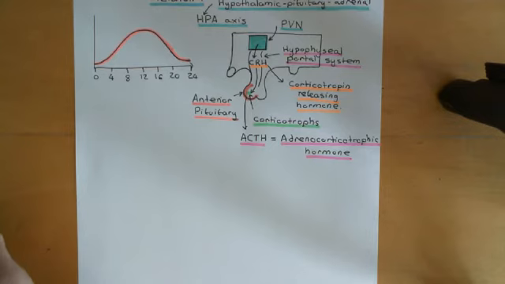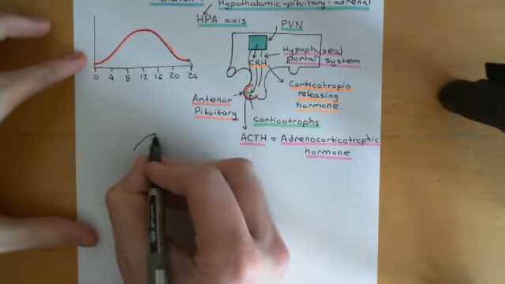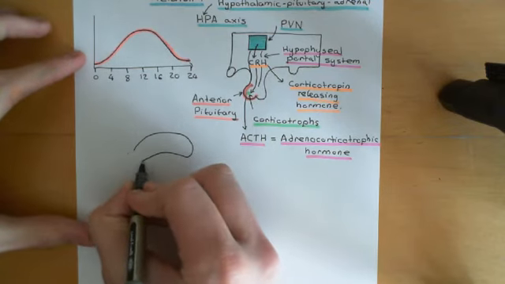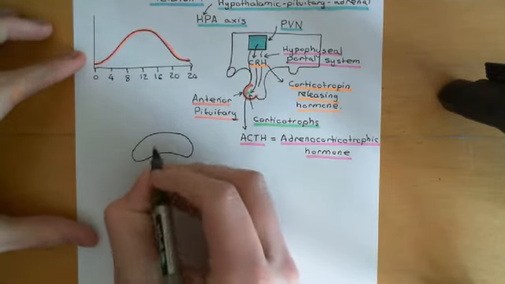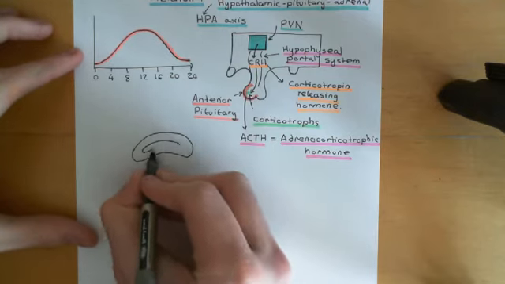It's then going to go down and work on the adrenal glands and tell them to release cortisol. Now, once again, we need to study the adrenal glands in a bit more detail because it's a certain portion of the adrenal glands that respond to adrenocorticotropic hormone and release cortisol, not the entire adrenal gland.